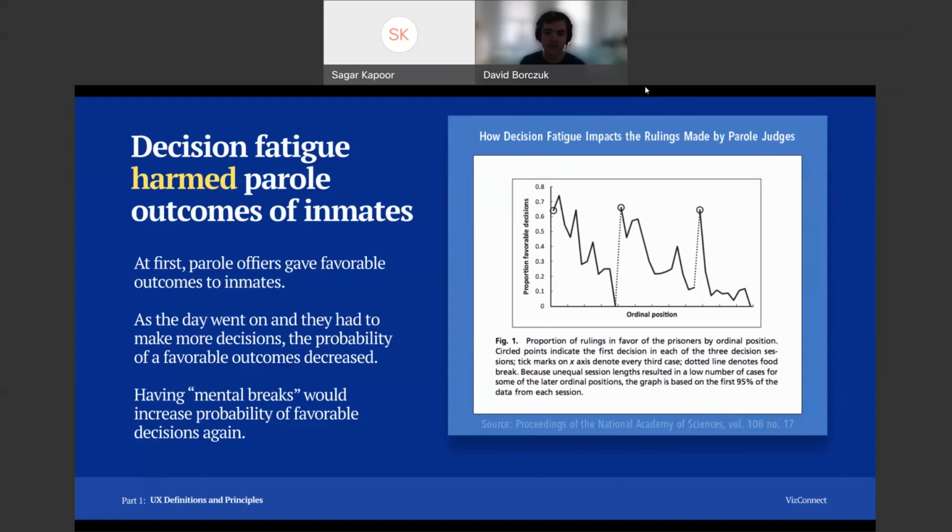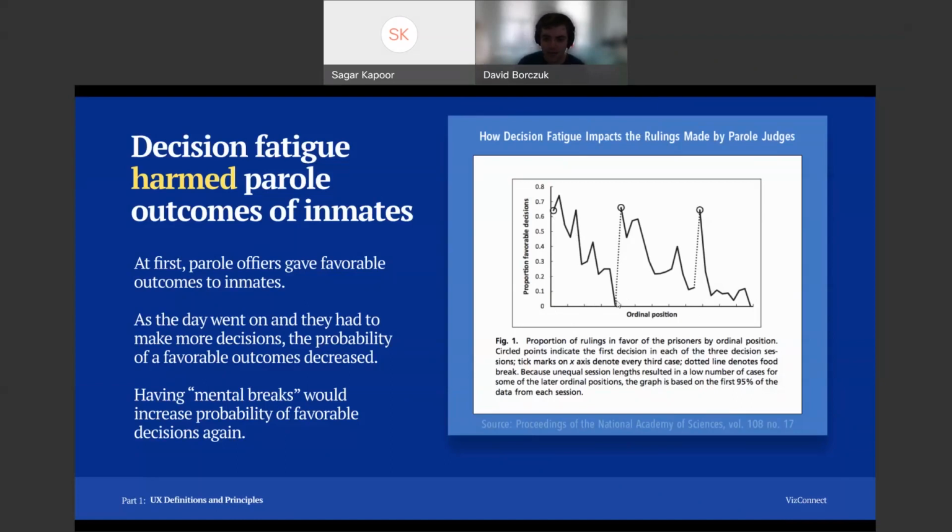They reached decision fatigue. This graph shows the odds of receiving a favorable outcome based on the ordinal position of the inmate. As you go from left to right, that's the next inmate in the line.